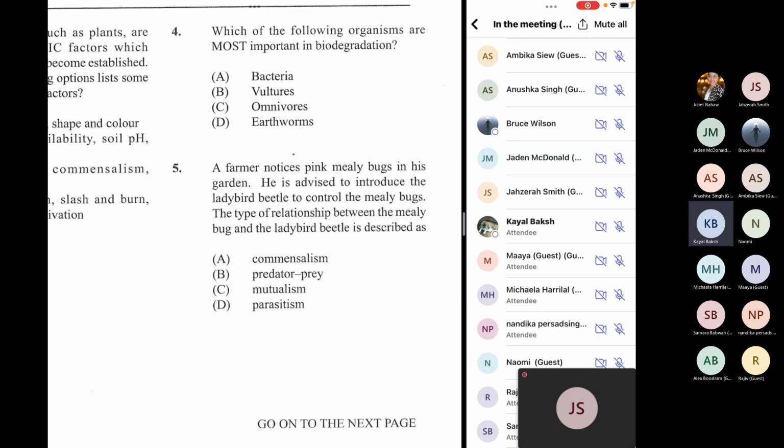So there's a predator-prey relationship. A lot of people, when they read mealybugs, automatically jump to parasitism because mealybugs destroy a garden. It's a tiny bug that feeds on leaves. But no, they want to know the relationship between the ladybird and the mealybug, not the mealybug and the garden. That is predator-prey. B.